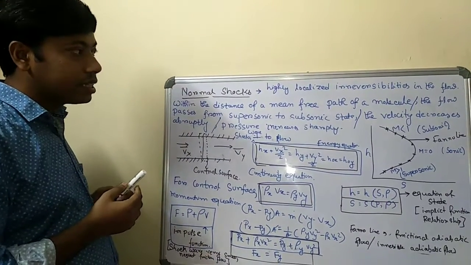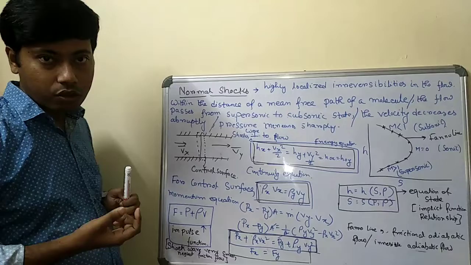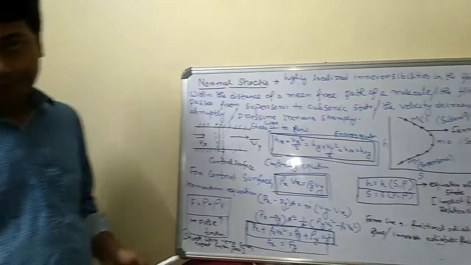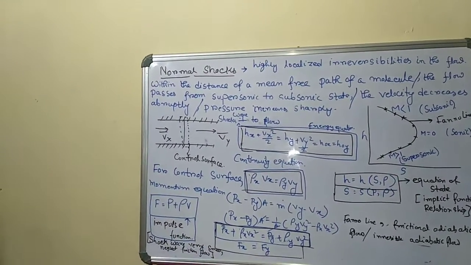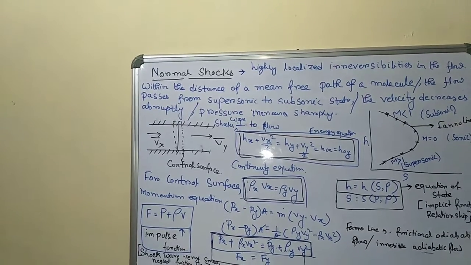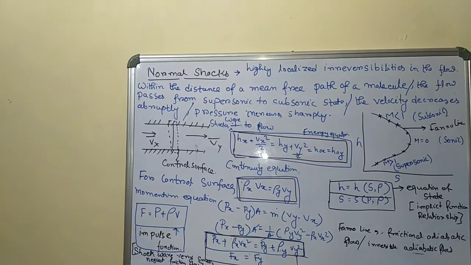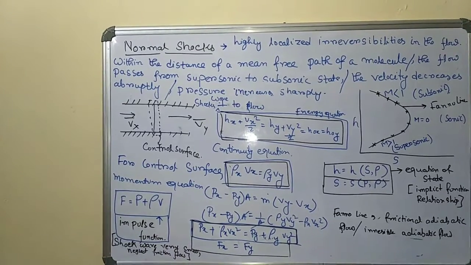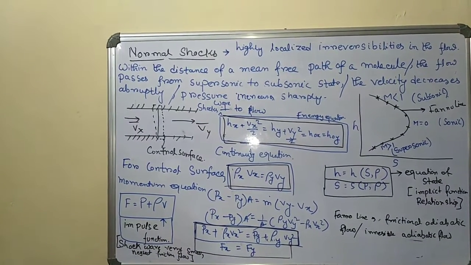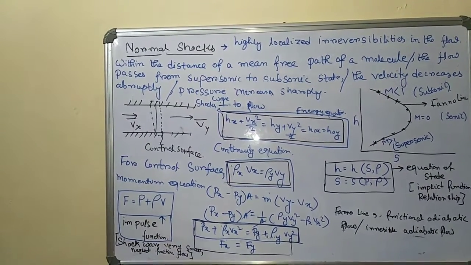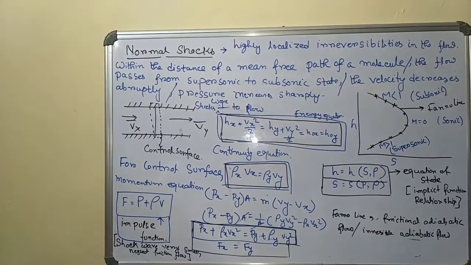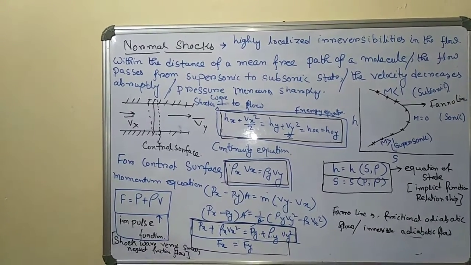It is interesting that a shock does not occur in every fluid flow, but in certain circumstances when the flow is supersonic, a very rapid change of pressure and velocity takes place, on the order of a mean free path.